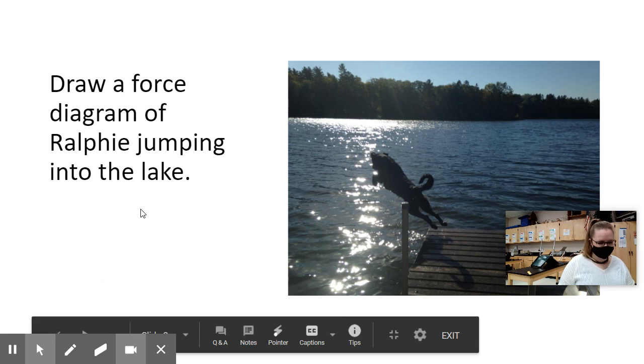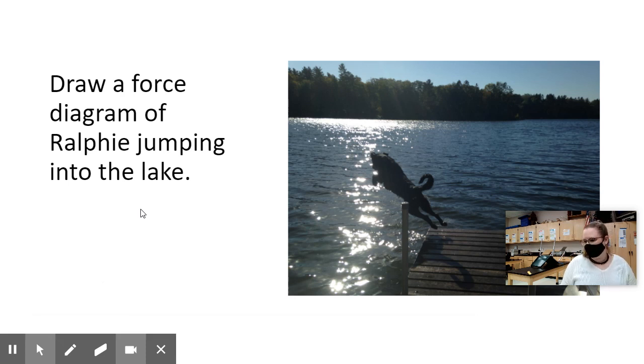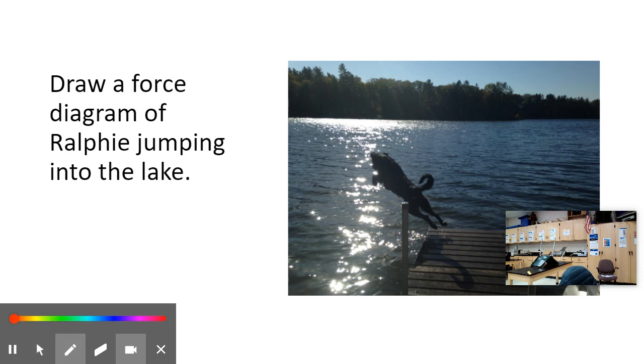I'm going to do the one that I thought would be the quickest to draw. This would be Ralphie no longer on the dock. Ralphie has left the dock. You can see his feet are not touching the dock. So what is the only force acting on him? He's not touching anything. There's only one force acting on him. Gravity. It is just gravity.